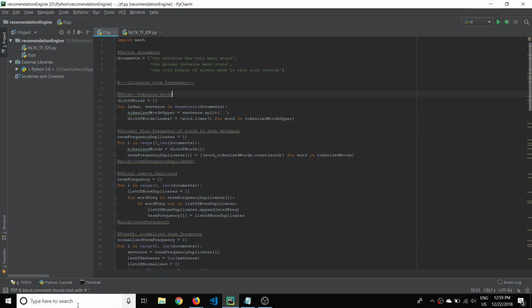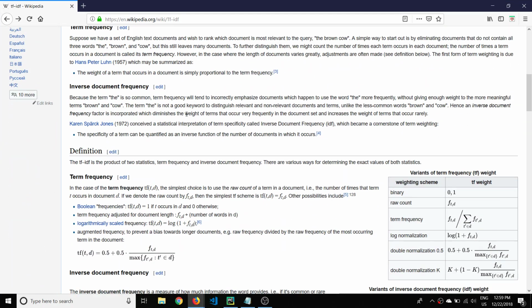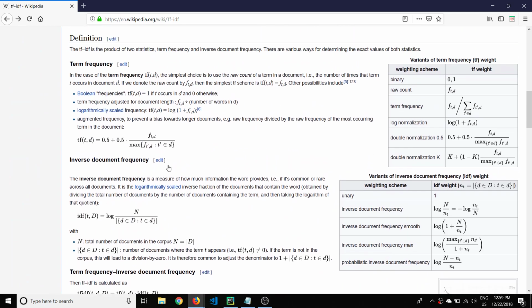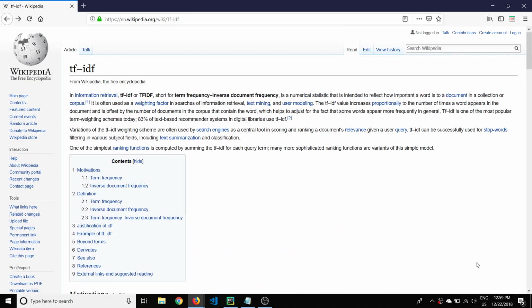So without further ado, let's get to term frequency, inverse document frequency, if you don't know what that is. Here's the Wikipedia page, which is what I used to find the formula. Essentially, term frequency, inverse document frequency allows you to see how frequent a word is in a document.